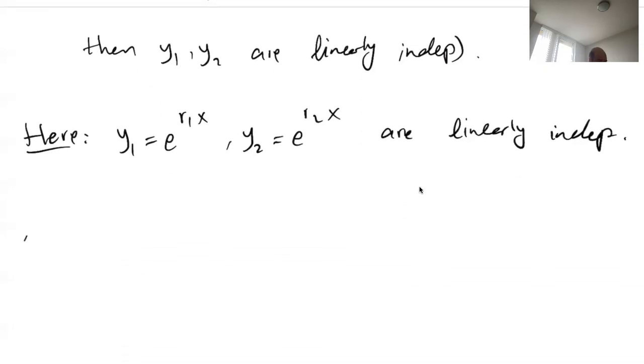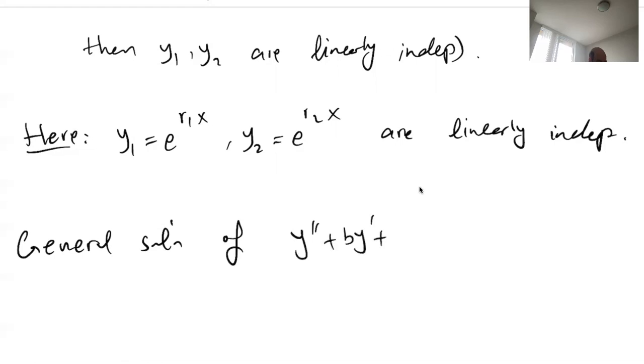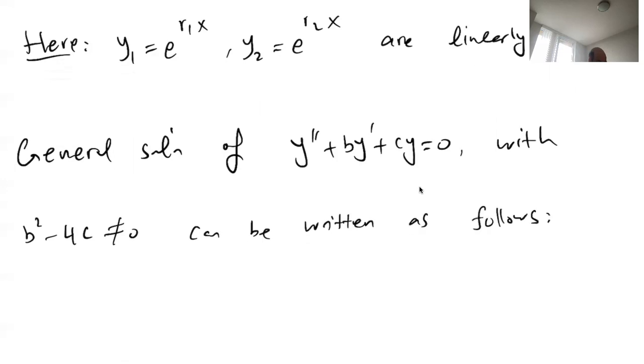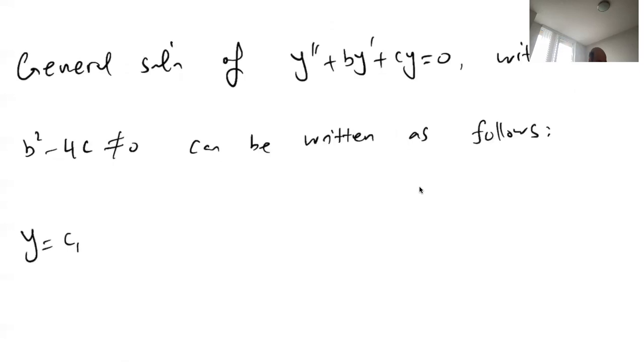So that means the general solution of y double prime plus b y prime plus c y equals 0 with b squared minus 4c not equal to 0 can be written as follows. y equals c1 y1 plus c2 y2.